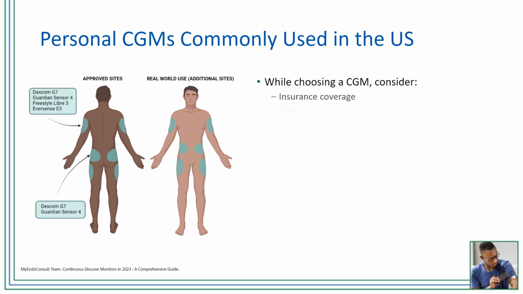So physicians should ask their patients where exactly they are wearing their CGM devices. We should also be asking them to change their CGM device locations and check the location where patients were wearing CGM devices, just to make sure it's not getting infected or showing signs of cellulitis or anything like that.